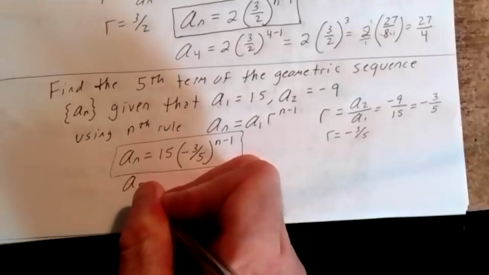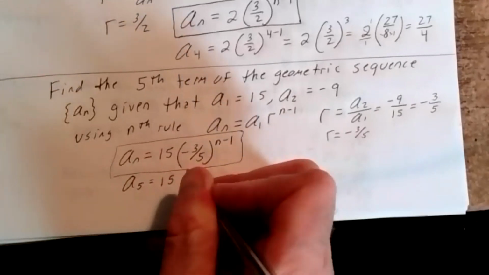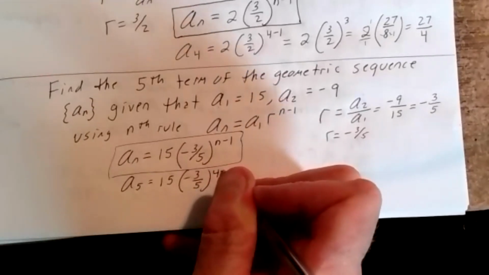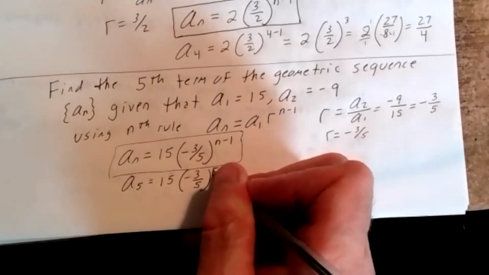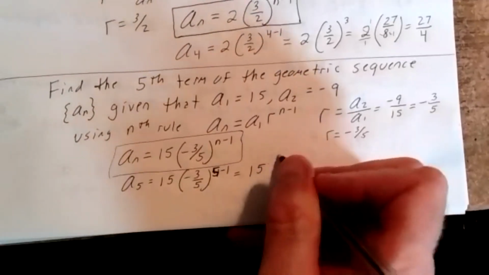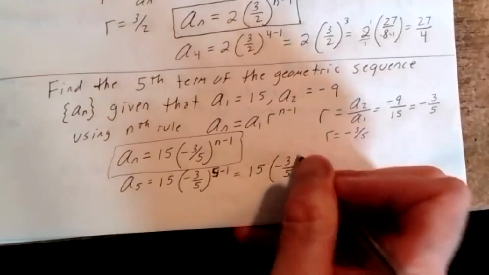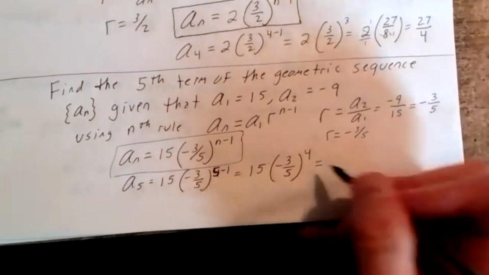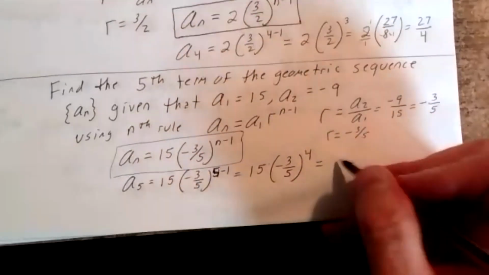So the fifth term of this geometric sequence is going to be 15 times negative 3/5 raised to the 5 minus 1 power, or raised to the 4th power. What is negative 3/5 to the 4th power?